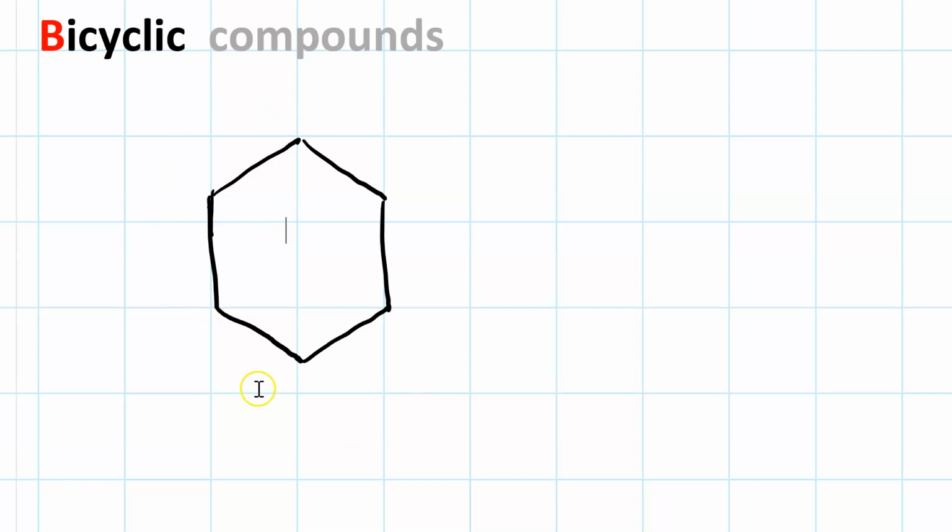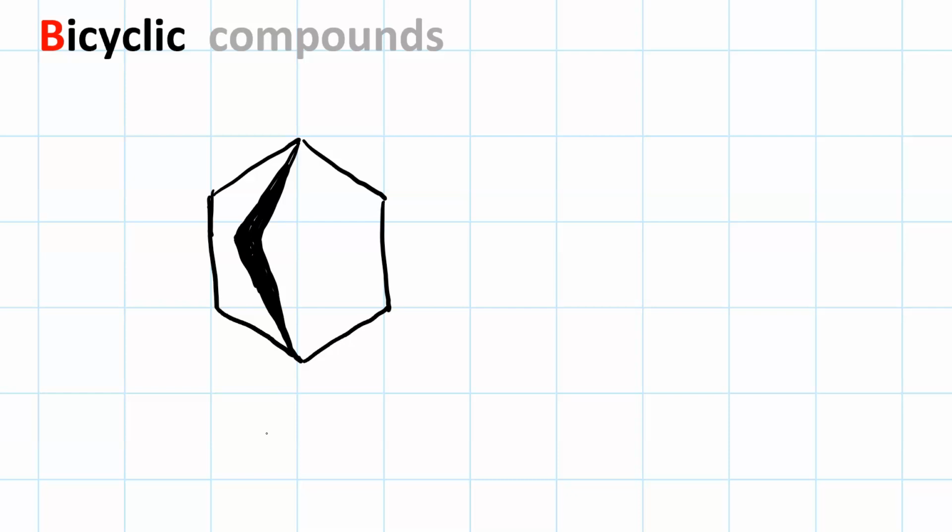Well, this is just cyclohexane. It's not bicyclic. But what if there was a CH2 group coming up towards us right here? And since it's coming towards us, we'll put it on a wedge. We'll make both of these bonds wedges, like so.